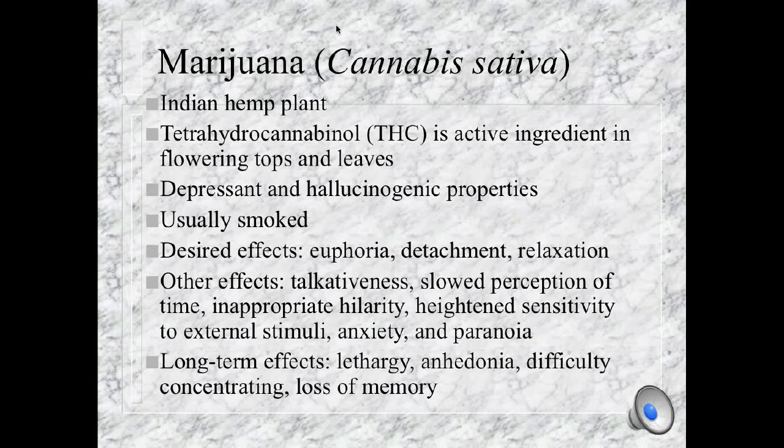Typically it is smoked, and the effect is usually immediate euphoria. The person feels a sense of floating in space, and everything is slowed. It has kind of an aphrodisiac effect, so they may increase their libido. There's a slowed perception of time, everything is all right with the world.